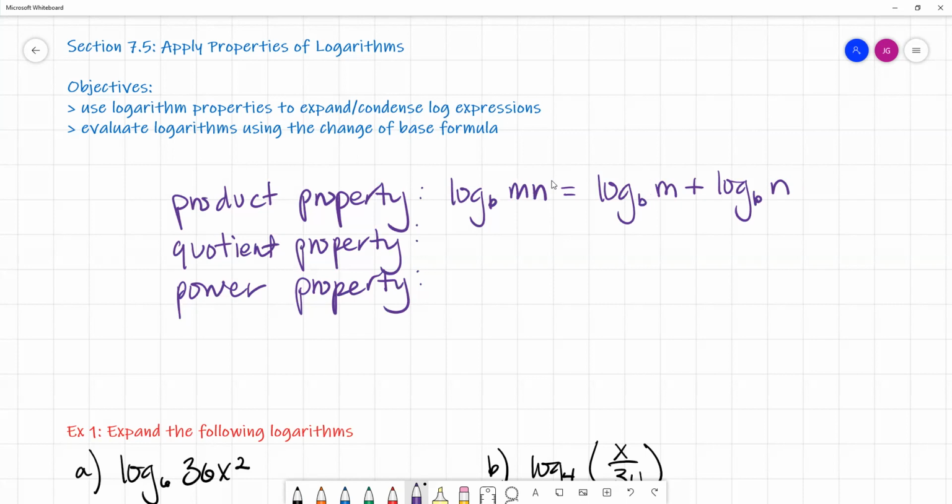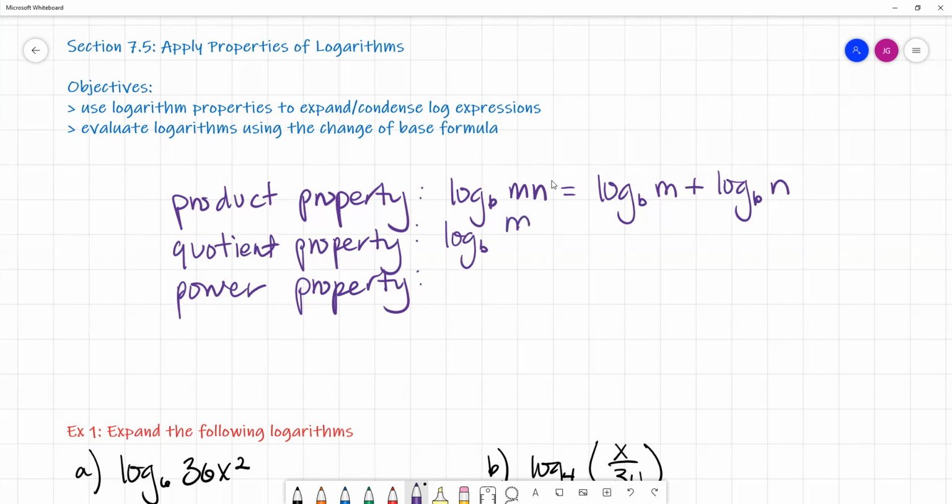It's log base b of m and then plus log base b of n. Pretty much what's happening is that when you have a product or multiplication inside of a logarithm, I can split that logarithm into two through addition, okay? Likewise, if I have two logarithms being added like this, I can rewrite them as a single log, multiplying the insides together, okay?